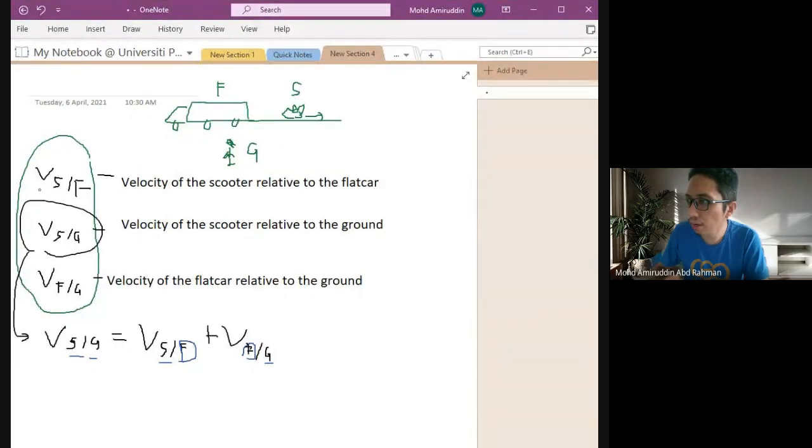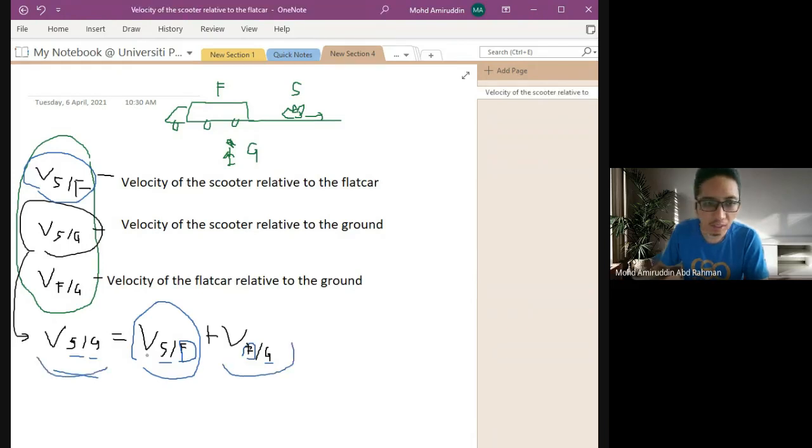We need to find VSF. What the question is asking is VSF, which is VSG minus VFG.